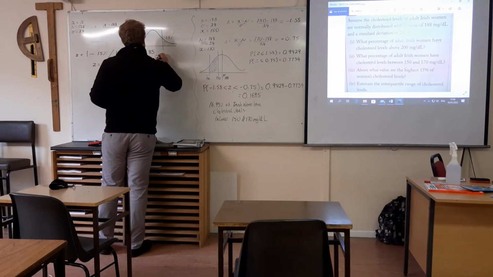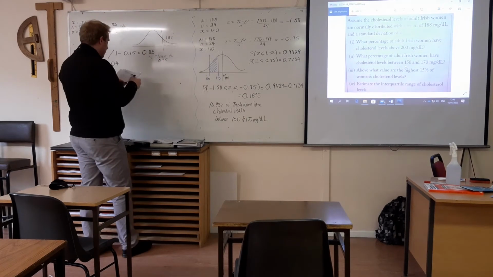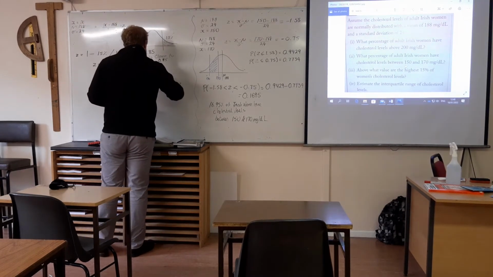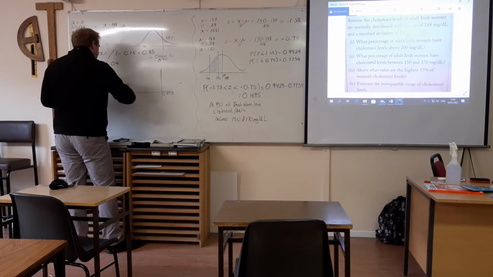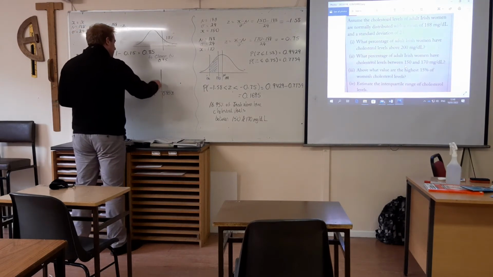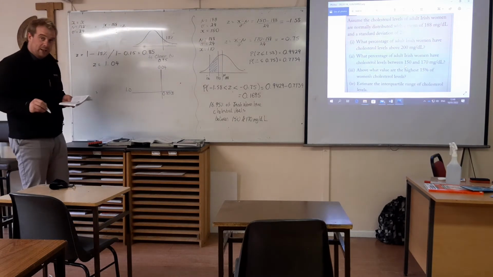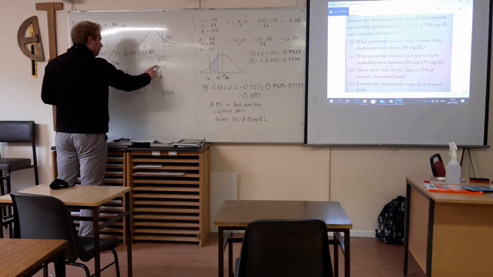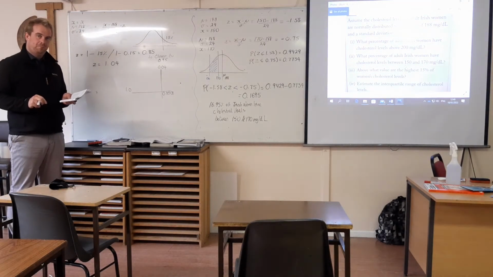I can see that is 0.8508. So if I go to my Z table, the closest number I can see to 0.85 is 0.8508. Reading over to the left, that gives you 1.0, and reading vertically up, that gives you 0.04 on the Z tables. Which means that my Z value is 1.0 plus 0.04, which gives me 1.04.